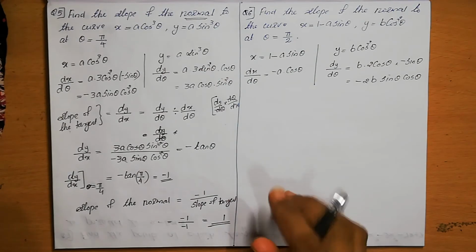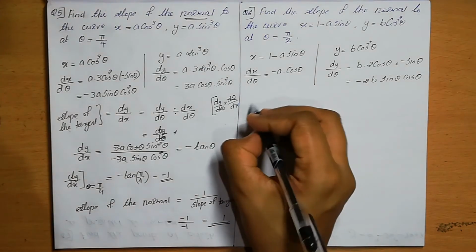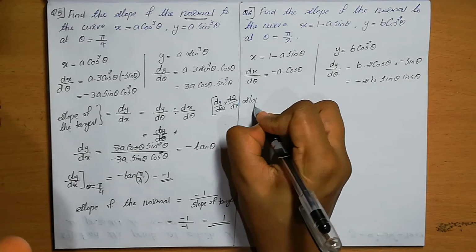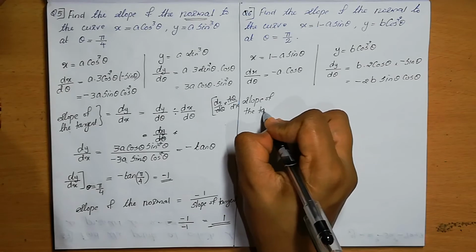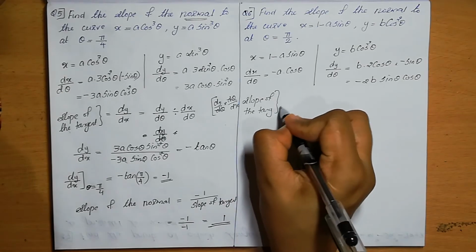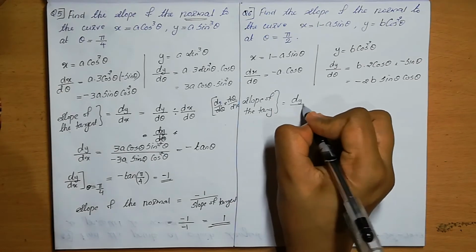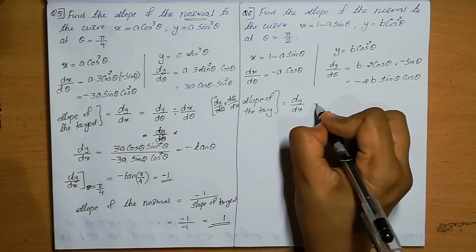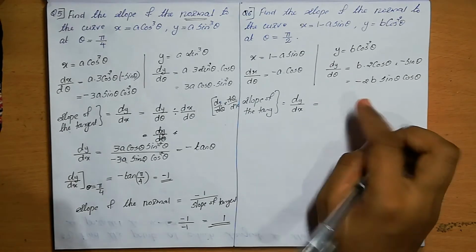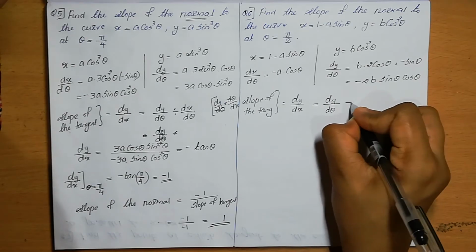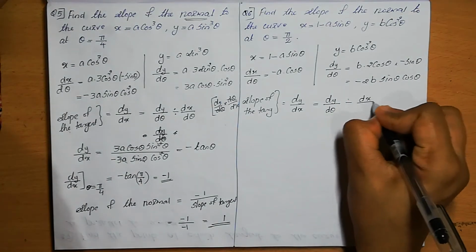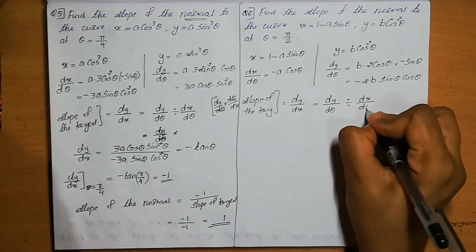Next we are going to find the slope of the tangent. Slope of the tangent is dy by dx only, right? Slope of the tangent equal to dy by dx. dy by dx we get as dy by d theta divided by dx by d theta, right?